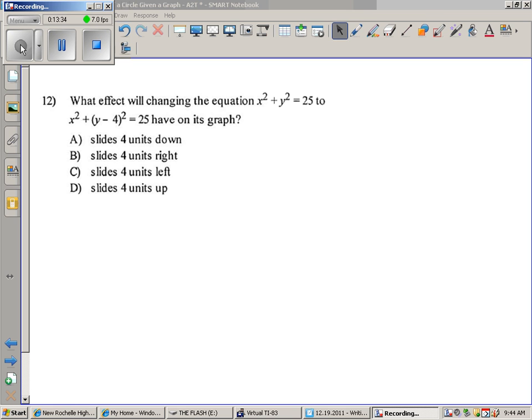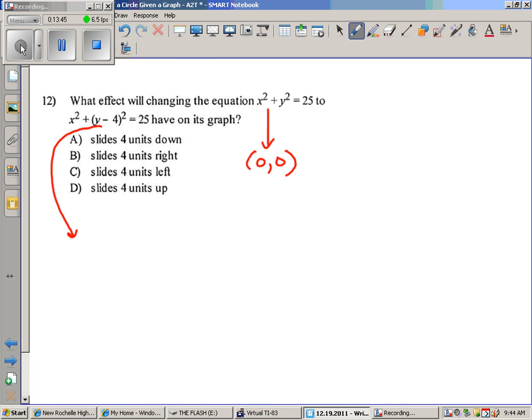Let's think. The center of the original is what? Yeah, 0, 0. What's the center of this one? 0 and 4. So what happened to it? Which way did it go? Nope. It went 4 units up.